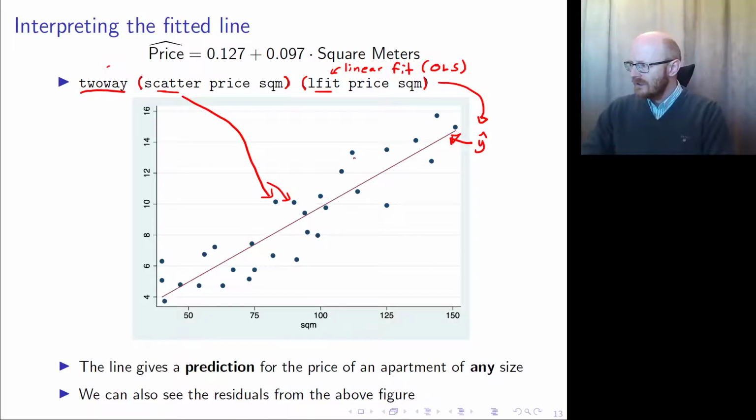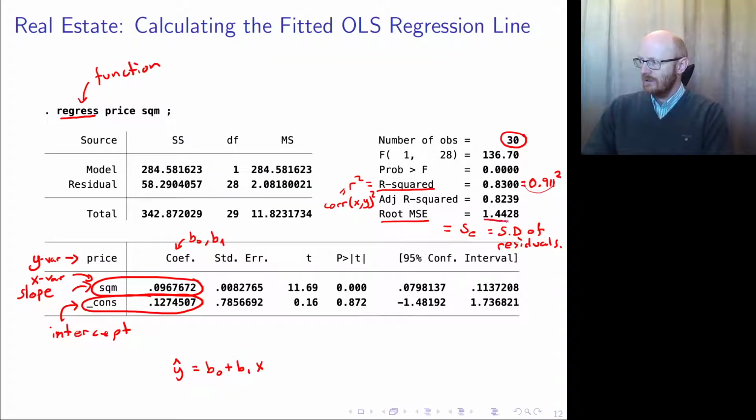And here you see that you have some errors, right? Some errors. And you know the standard deviation of these errors away from the line is this 1.44 million kroners, right?